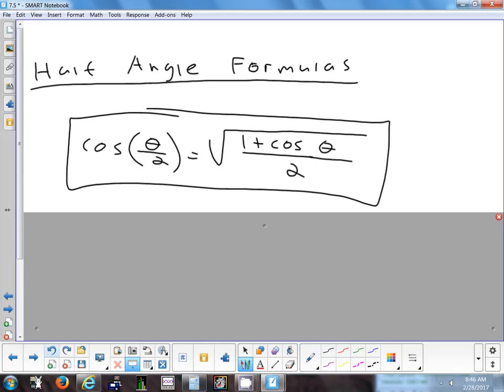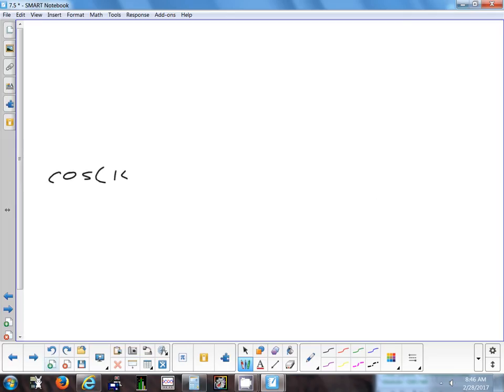So what these kind of do, and probably the most we would ever do with them, is it gives you another way to figure out cosine 15. Right now, you guys know how to do cosine 15 by setting it up as a difference. And if you know the difference identity, that's difference of a cosine, perfect.